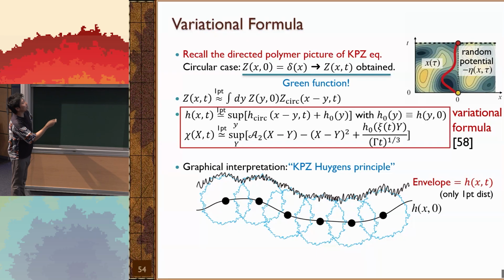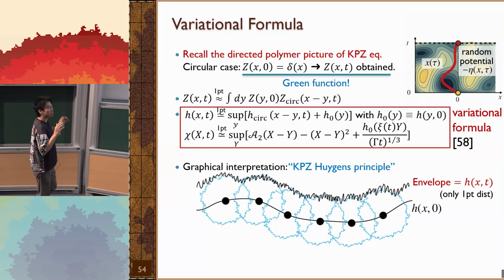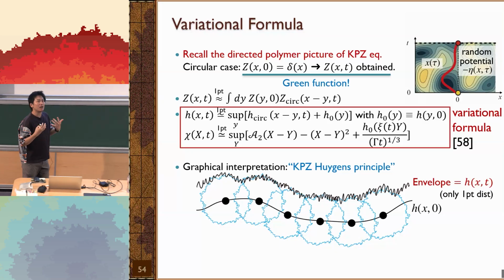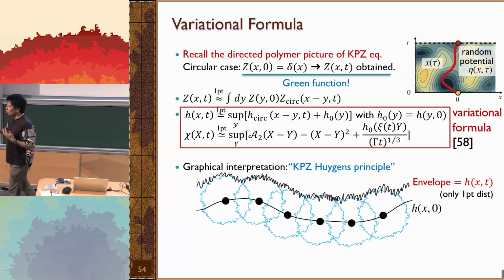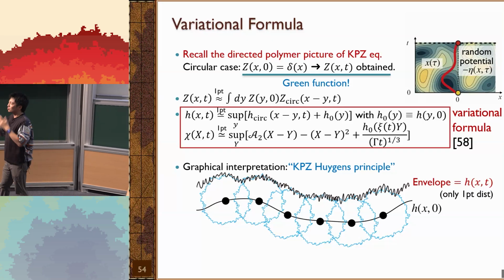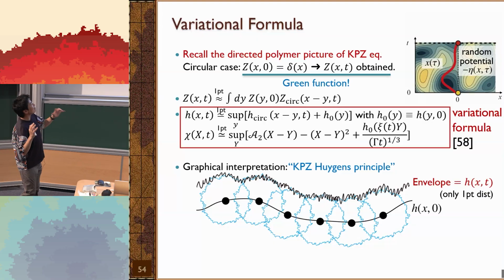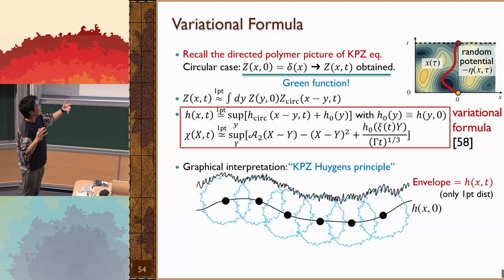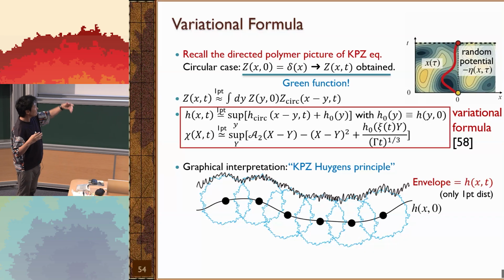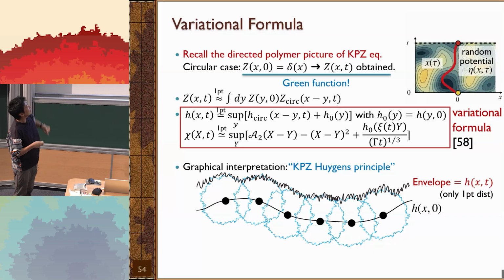Okay, and the validity of this variational formula was also confirmed experimentally. And I want to remark that this morning, Ivan talked about the object called the directed polymer. Directed landscape. Actually, the directed landscape or the Airy sheet are kind of extensions of this concept.